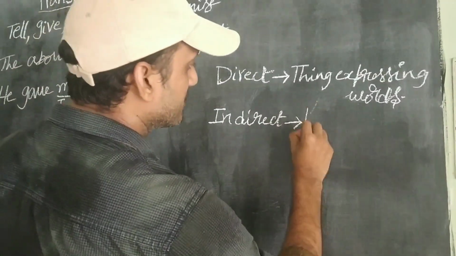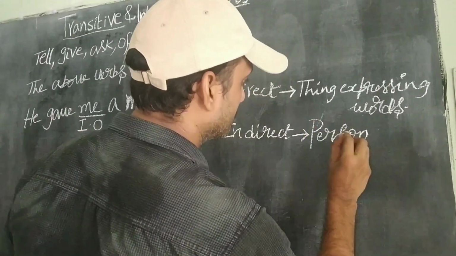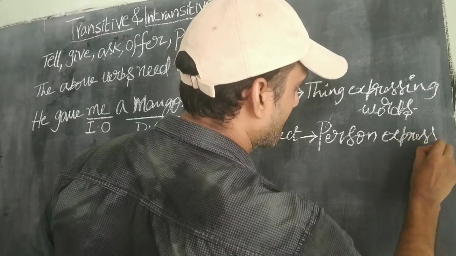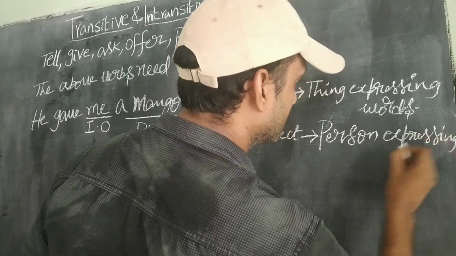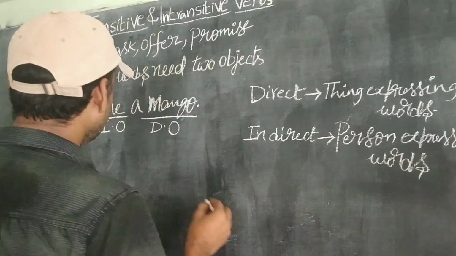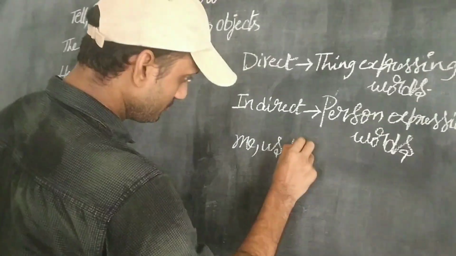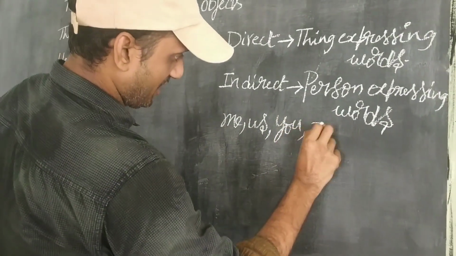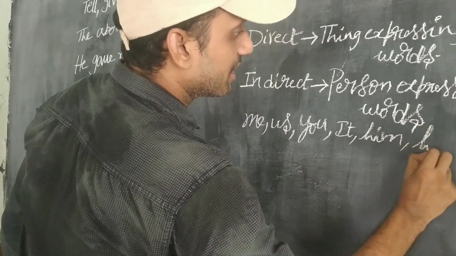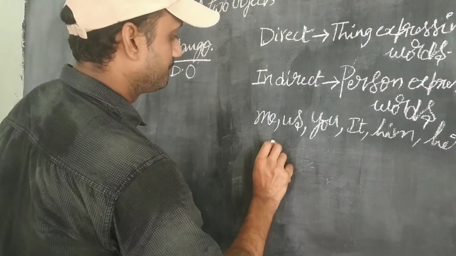Indirect, in the sense, person-expressing words like me, us, you, it, him, her, them.